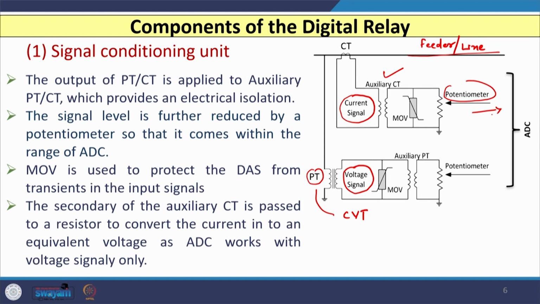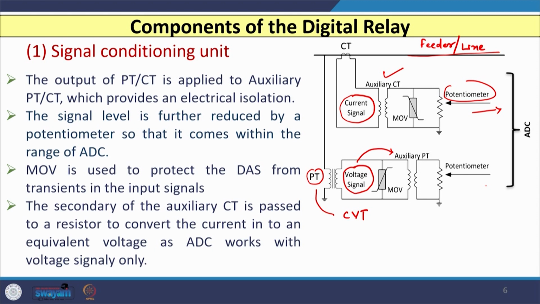In the same way, for the voltage signal, an auxiliary PT is provided. The signal available from the secondary of the PT or CVT is given to the auxiliary PT, which scales down the voltage to a level that can be directly given to the analog to digital converters for conversion from analog signal into digital signals.